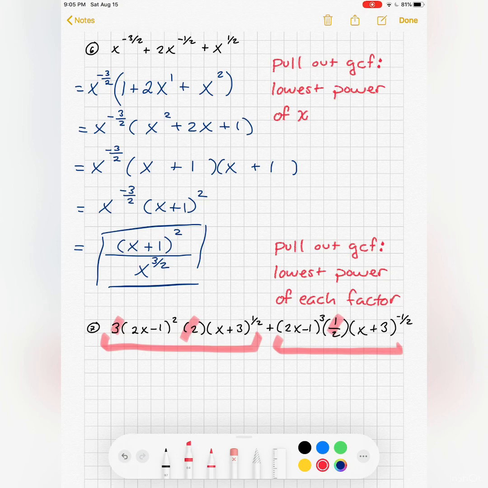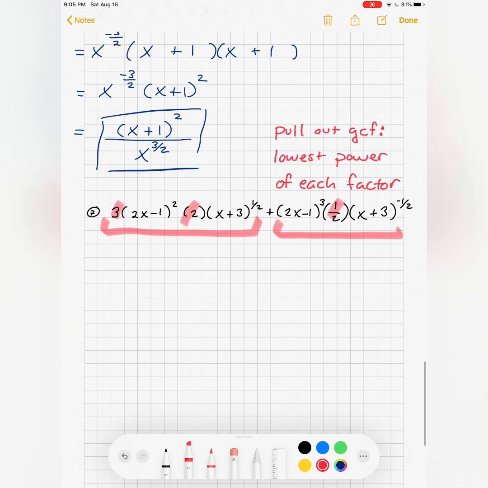So what should I do with that? Sometimes there is more than one idea with the constants. Maybe I'll take out a 1/2 for the constants and see how that works out. Then let me see what else there is. See these 2x minus 1s? There's a 2x minus 1 squared and a 2x minus 1 cubed.